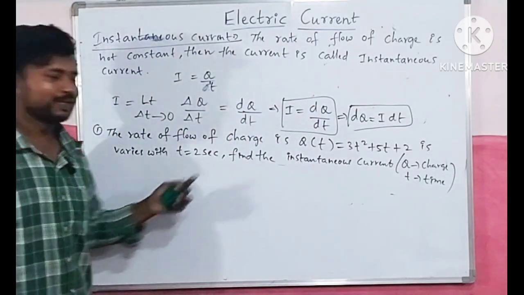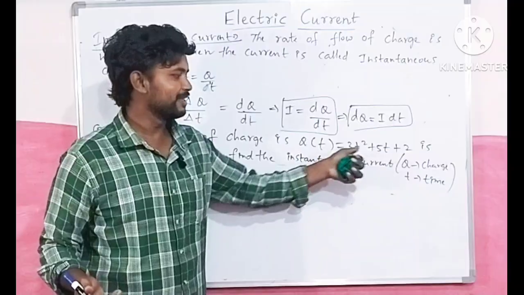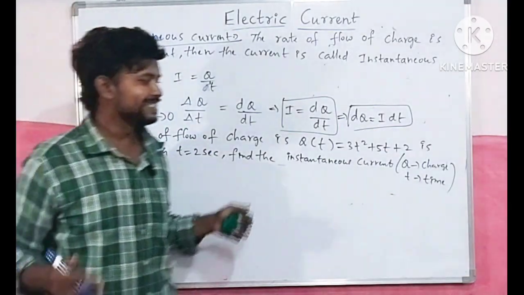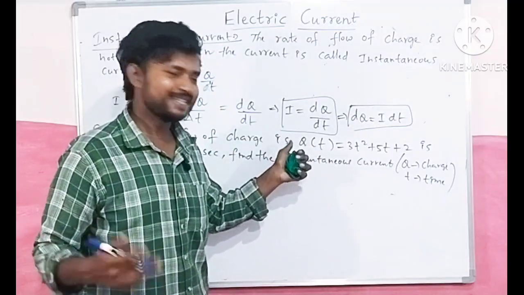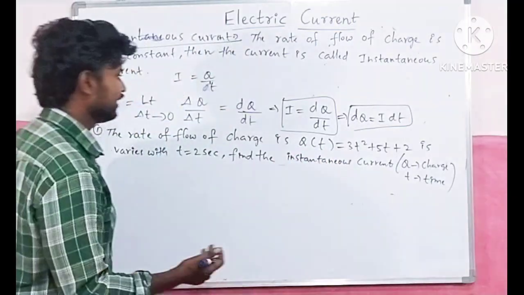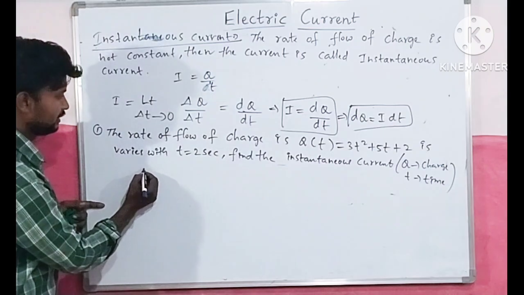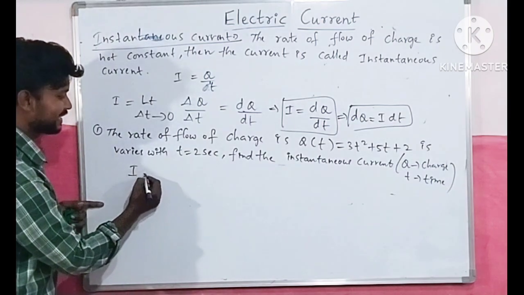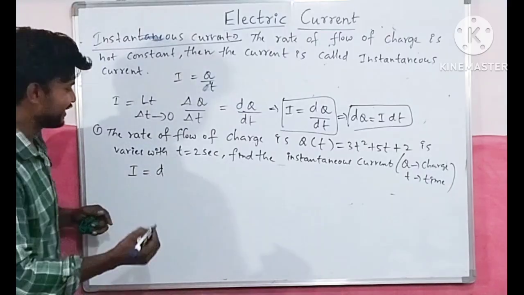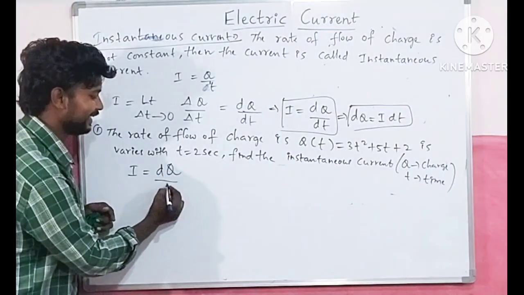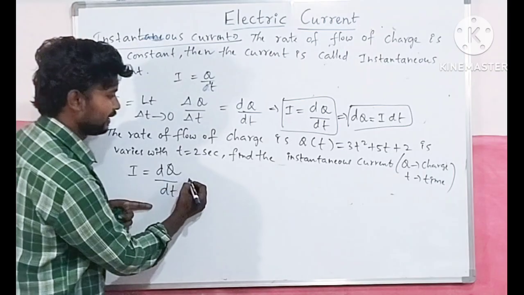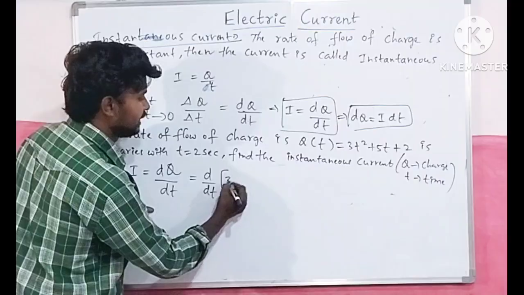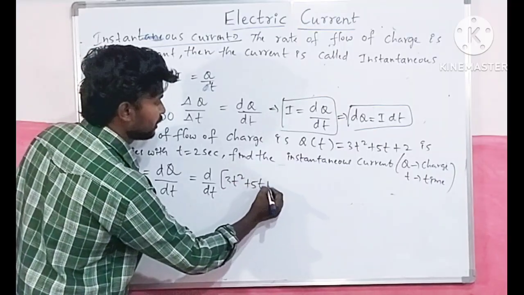Q(t) equal to 3t square plus 5t plus 2 varies with time, at t equal to 2 seconds. Find the instantaneous current. Q is the charge, t is the time. Look at your formula: instantaneous current I equal to dq by dt. So d by dt of 3t square plus 5t plus 2.